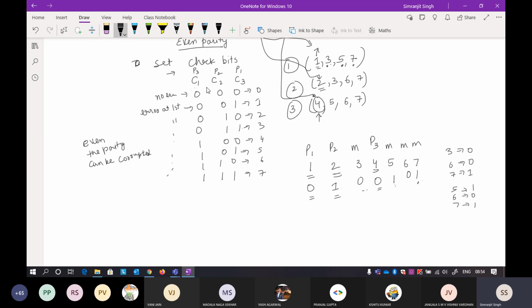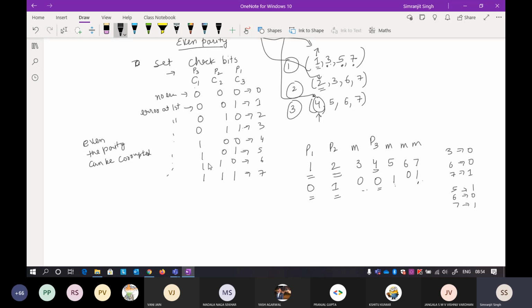Just remember which positions each parity bit is based on. Because there are 3 parity bits, there are only 7 combinations. If your parity bits are 4, the combinations will be 16, and based on that you can also set it.